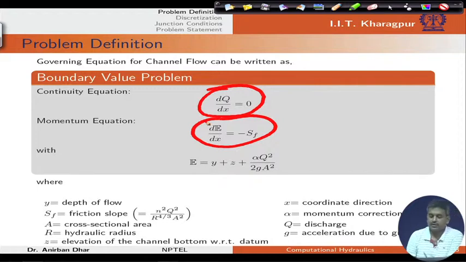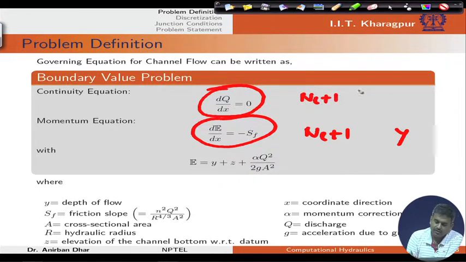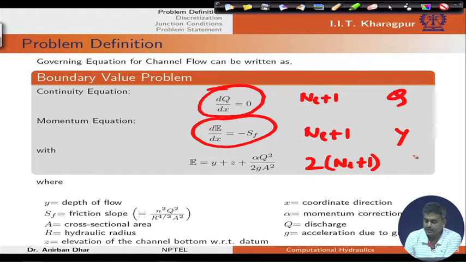Interestingly, in our last lecture class, we have considered NL plus one number of variables. That means we have considered only y as flow variable. Now, if we introduce this Q discharge as another variable, then we need to solve 2 times (NL plus 1) number of equations.